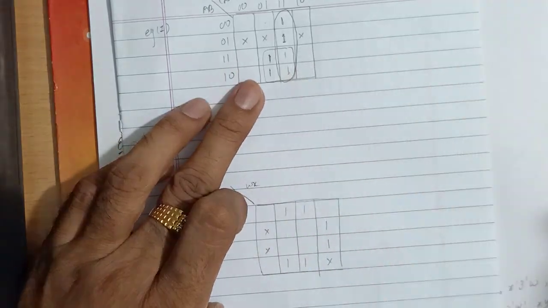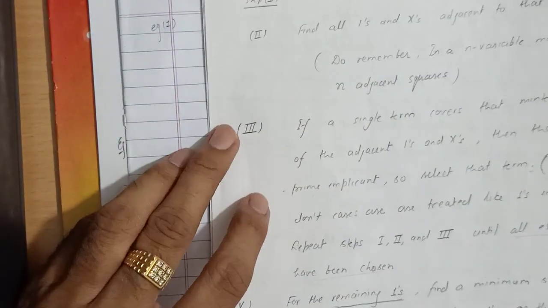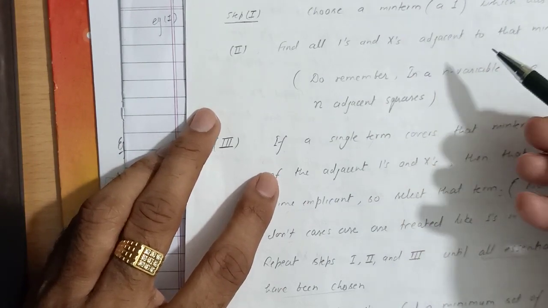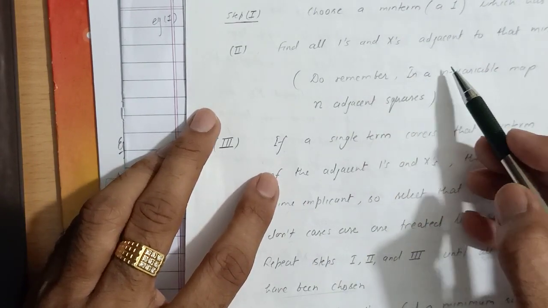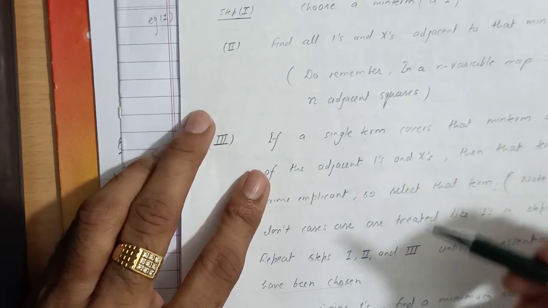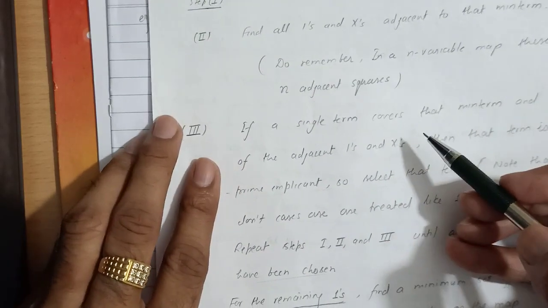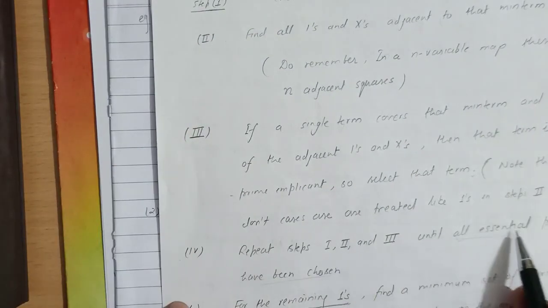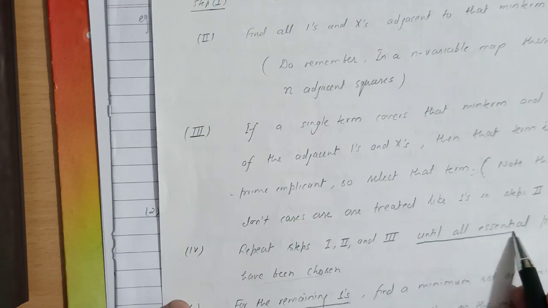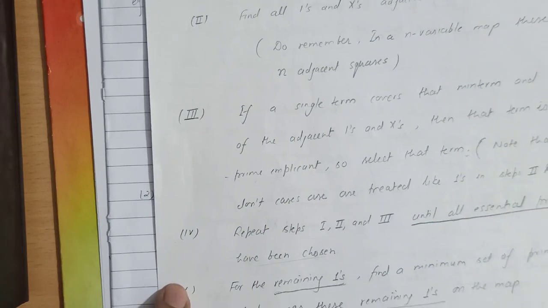So based on this approach, firstly we selected a one and then we checked the neighbors of that one. If it is covered by a single term, then that term is called the essential prime implicant. We will repeat these steps until all the essential prime implicants are chosen.